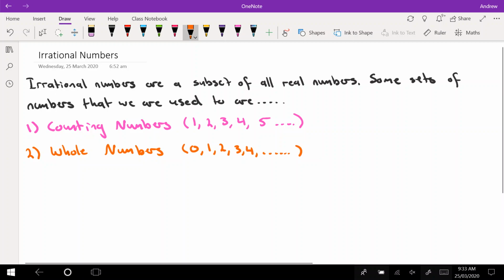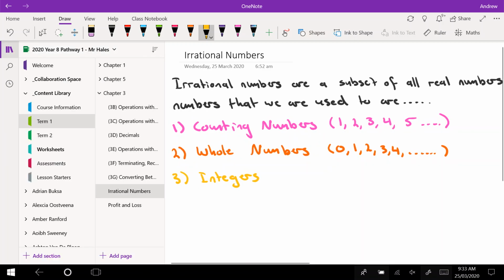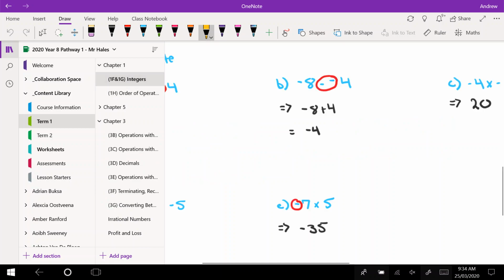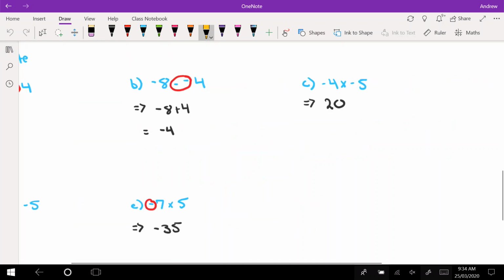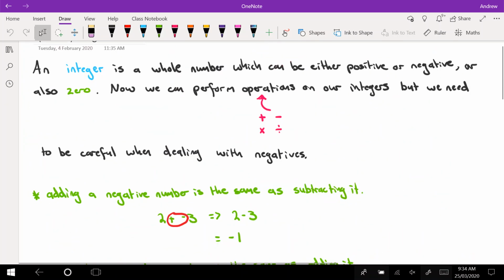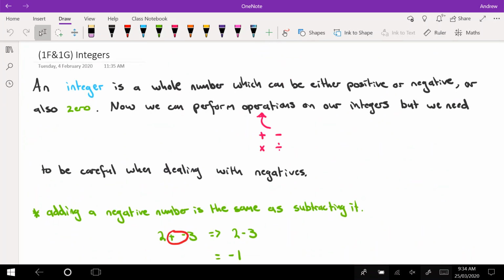And now we should all know this next one because we did a lesson on it. Integers. We have our lesson on integers, and I can go back and look up the definition of an integer. We did this in year 7. So if I look back, an integer is a whole number which is either positive or negative.